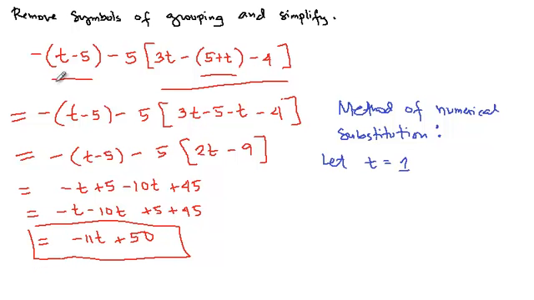What will happen to this expression? Let me try that. If t is equal to 1, so negative 1 minus 5, minus 5 times the quantity 3 times 1 minus 5, minus the quantity 5 plus 1, minus 4.